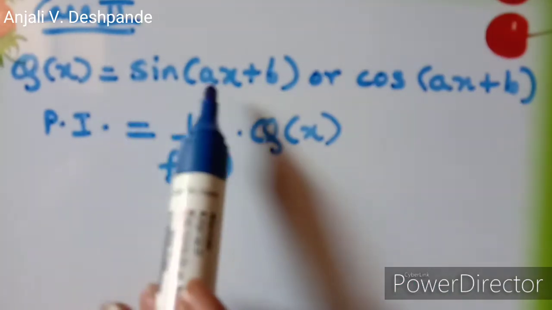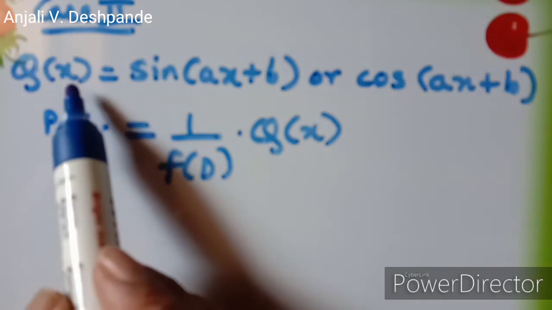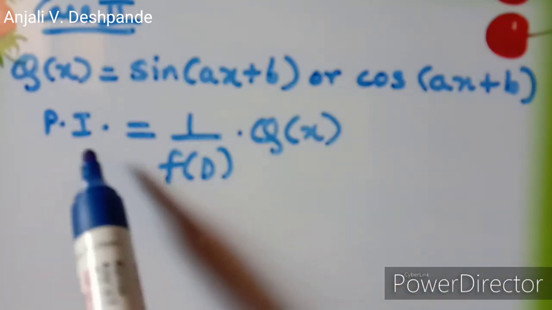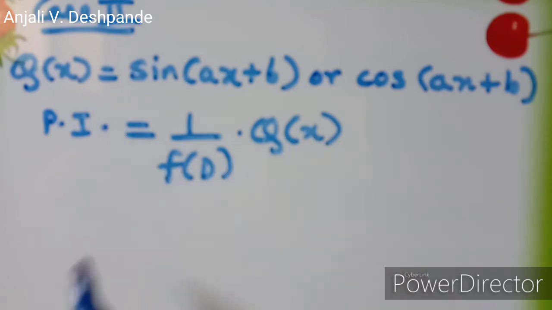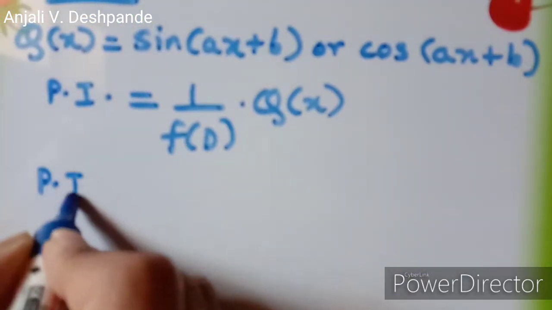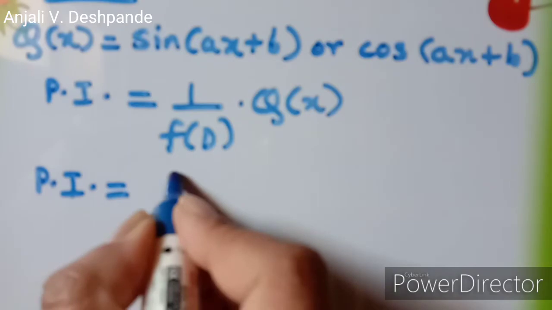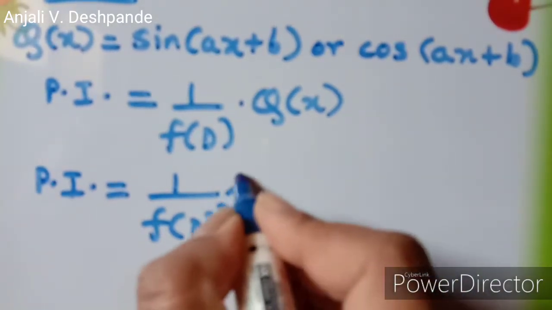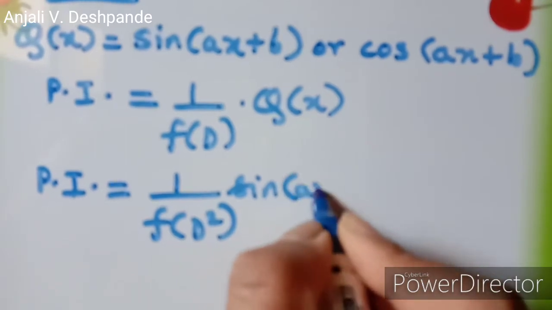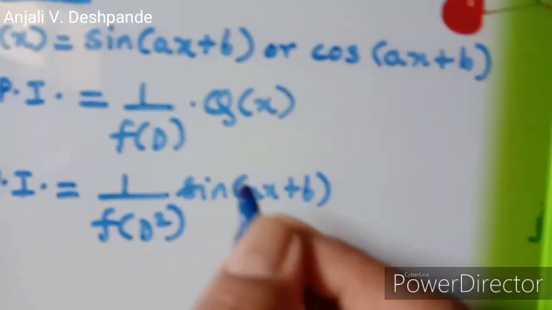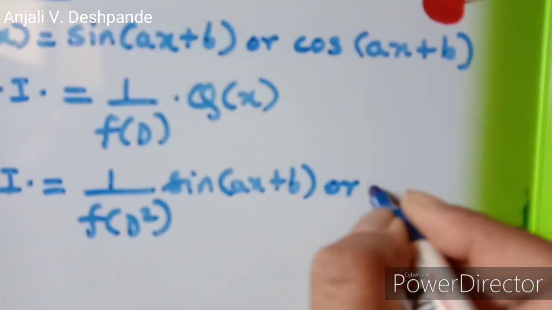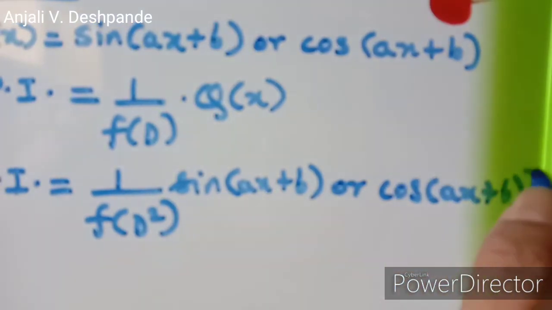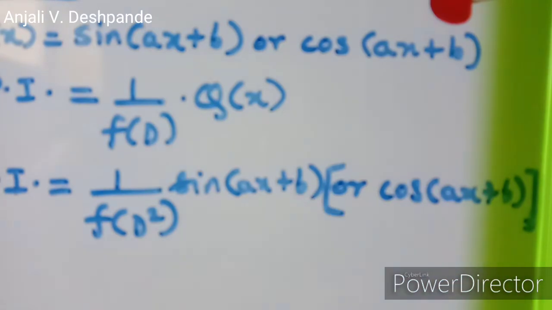So now we are going to see case 2, the particular integral if the given function is either a sine or cosine function. The general formula for PI is like this. In this particular case, PI is equal to 1 upon f of D square, sin(ax plus b), or it can be cos(ax plus b), either sine or cos.